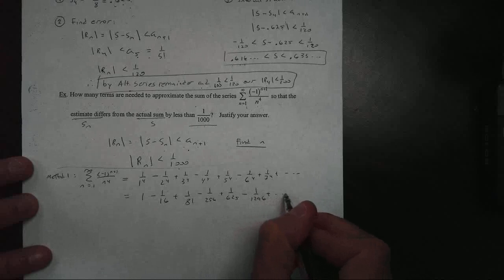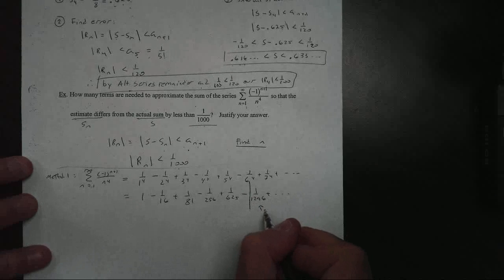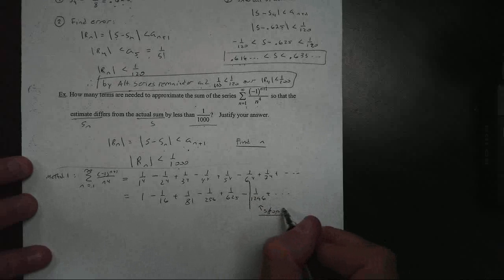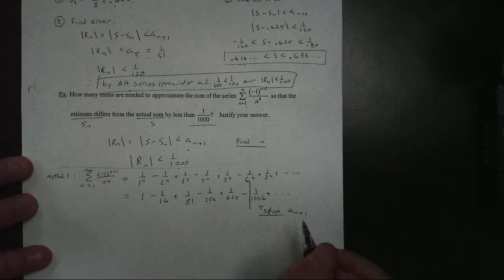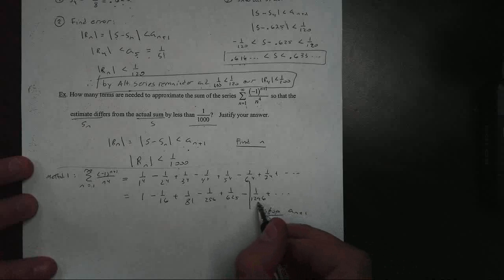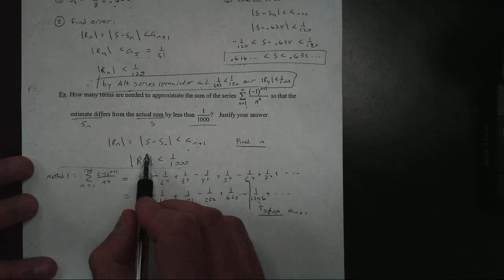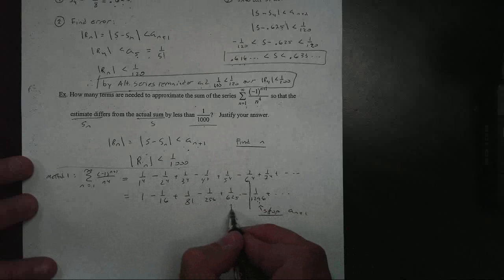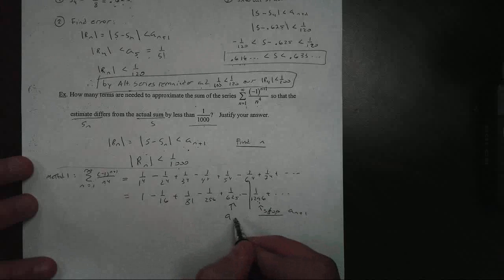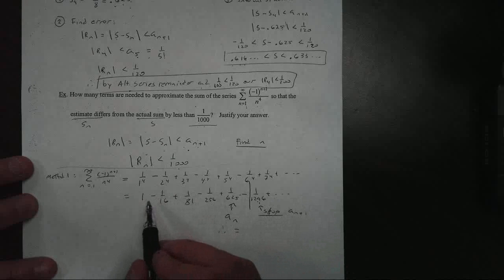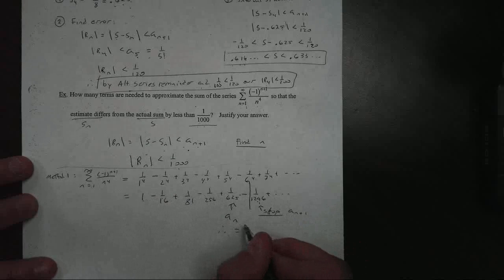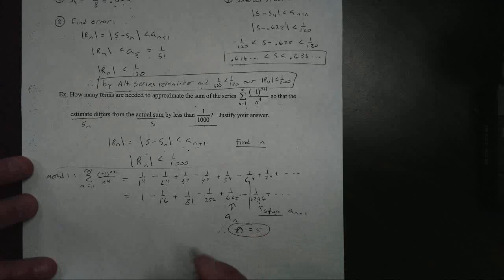Now, notice it does go on, but I can stop here, because this is my a sub n plus 1 term, because this is already smaller than what I was looking for. So I'm just going to back it up 1 here. That's my a sub n, my nth term. So if I count there, what's n going to equal? 1, 2, 3, 4, 5. I get n equals 5. And there's our answer right there.